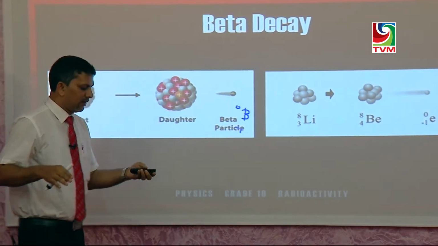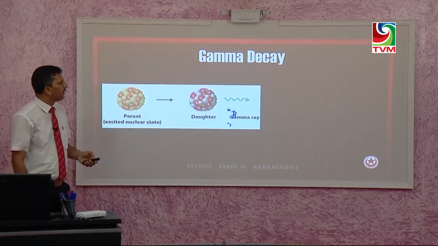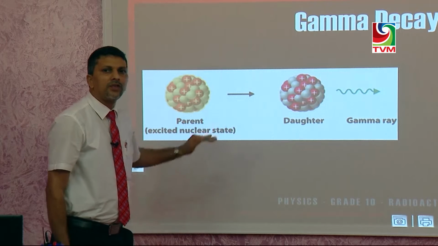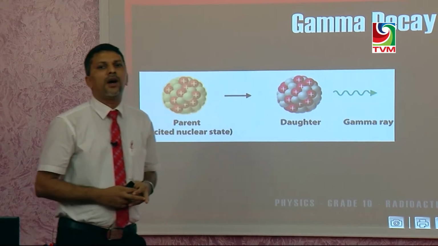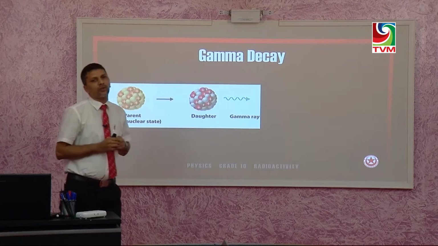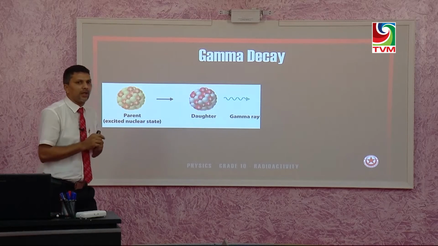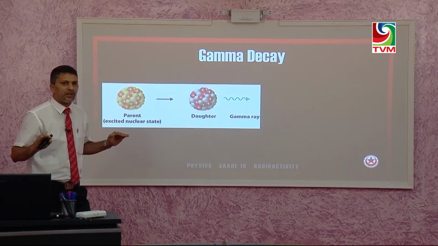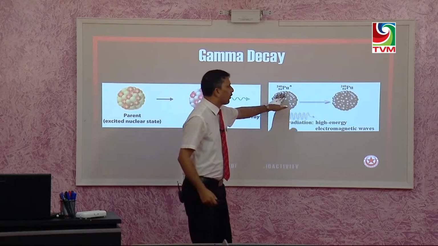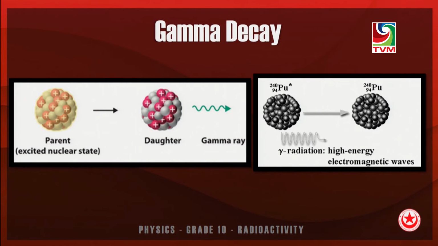Then next one, gamma decay. When a gamma decay occurs, there is no change of atomic number and mass number, because only energy is lost. Now look, one example: plutonium 94, 240 emits one gamma ray.